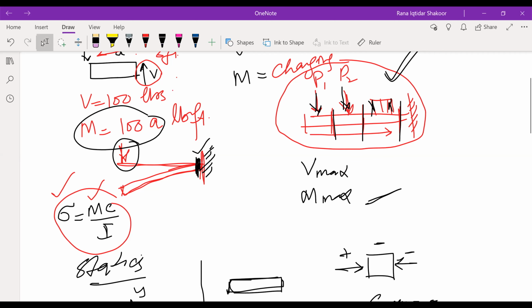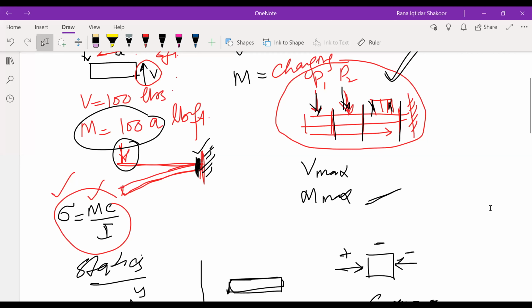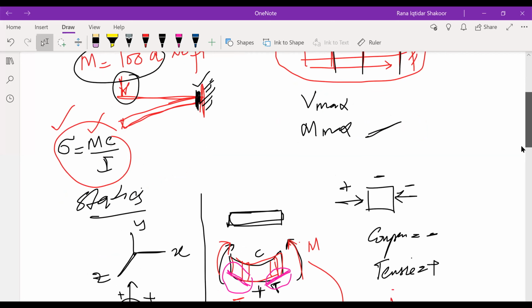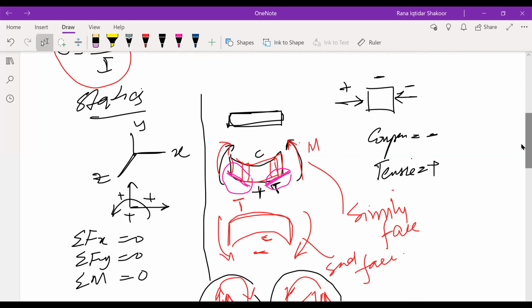The next part we discussed was the sign conventions. There are two things. One is the static part.